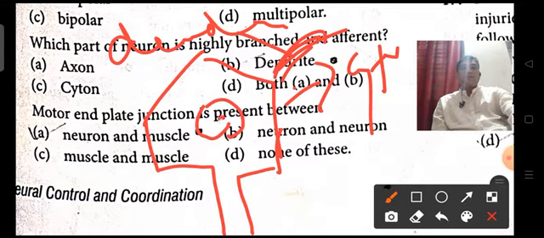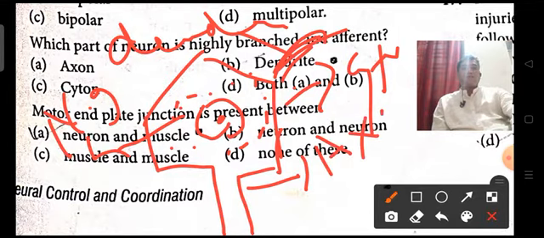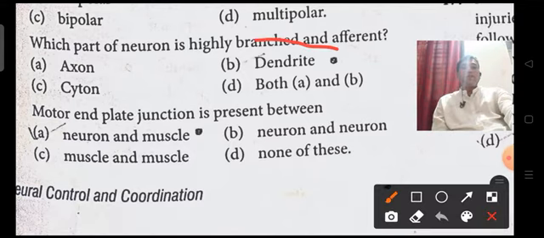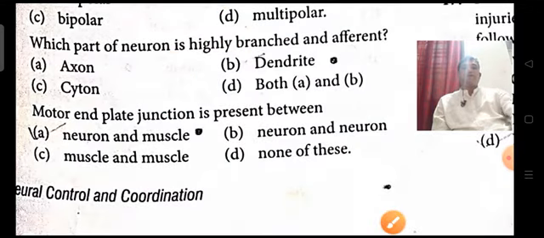In the middle the nucleus is present, supported by specific cells called neuroglial cells, and this is the axon. At the terminal of the axon you can see the axon terminals. You already know that the dendrite is mostly branched, so option B is the answer.